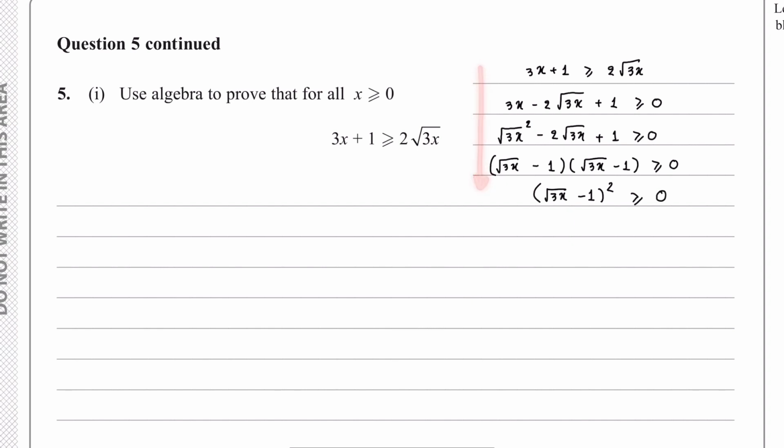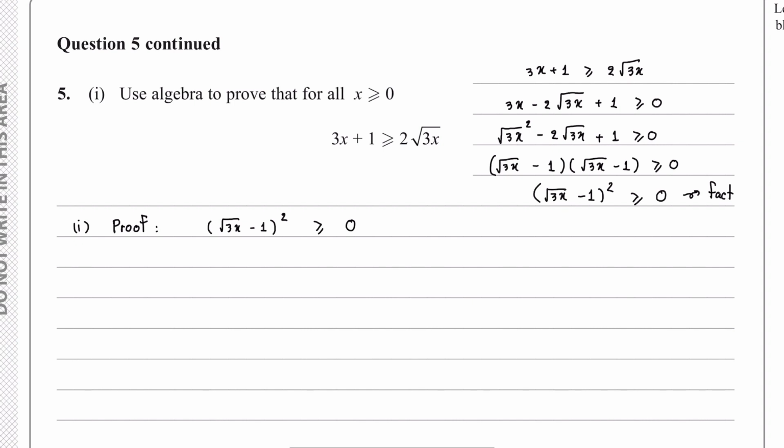Now we can stop because we see some fact here. This one is 100% correct because every square term has to be greater than or equal to 0. And then we are going to start our proof from this fact. So here in our proof, from (square root 3x minus 1) squared is greater than or equal to 0. This is the fact. That's why you can start your proof here.